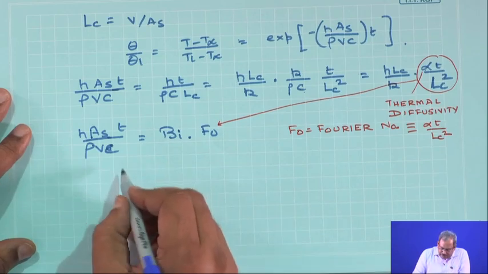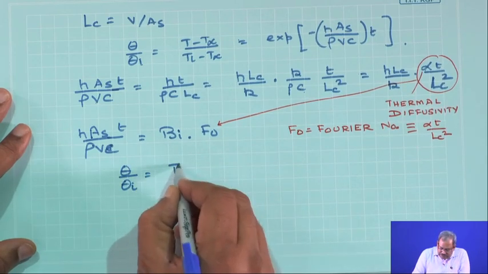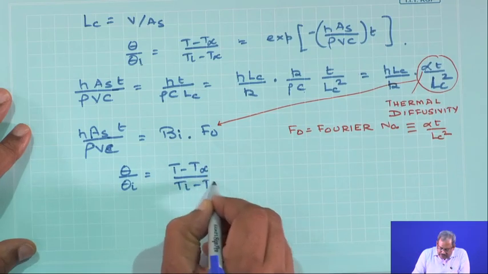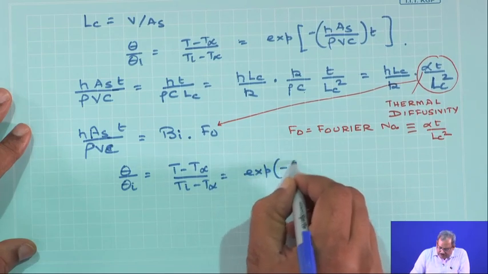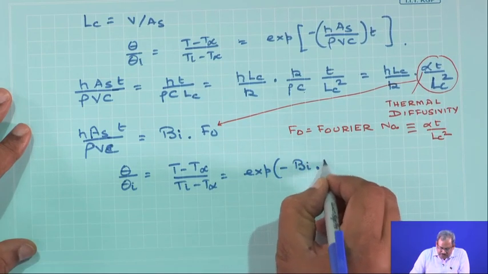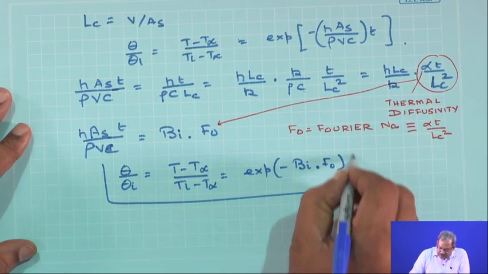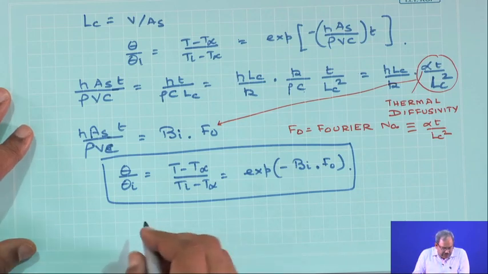So, the expression theta by theta I, which is T minus T infinity by T I minus T infinity, is exponential minus of Biot number times Fourier number. This is another way of writing the same equation.